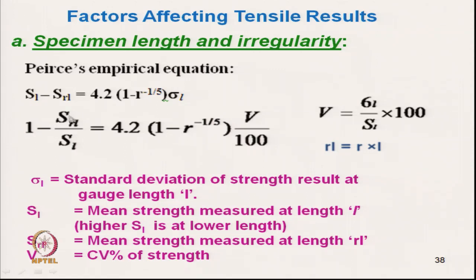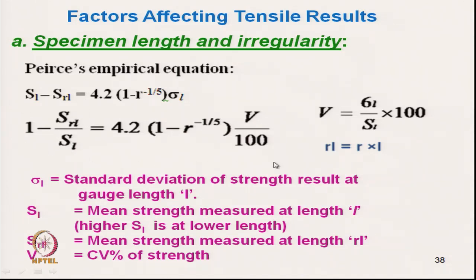So, 1 minus SRL by SL, and the right hand side term will be sigma L, the standard deviation of strength by mean strength multiplied by 100, which is the CV percent. So, the standard deviation by strength will be CV percent by 100. This term has been rearranged in this fashion.